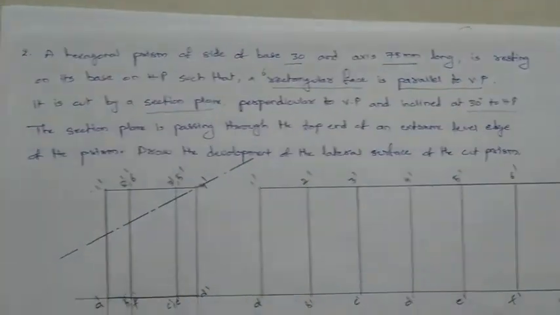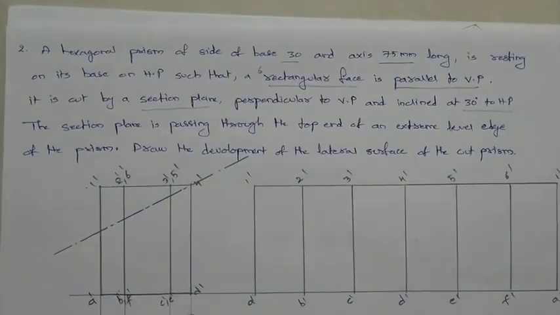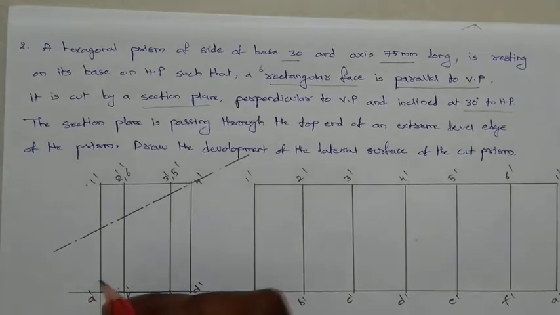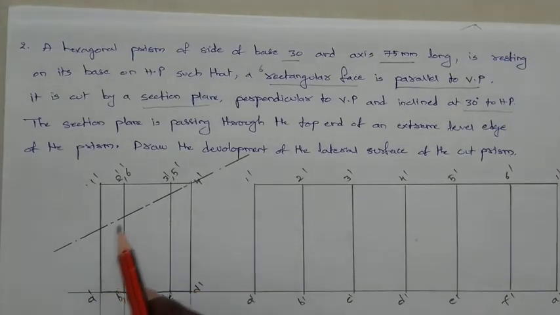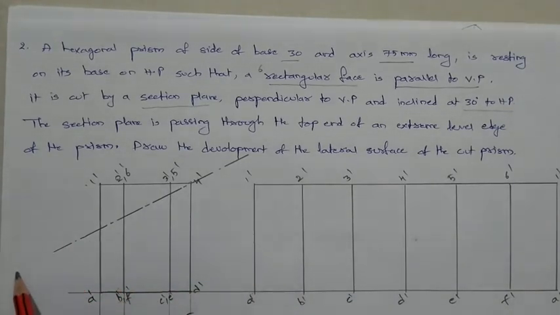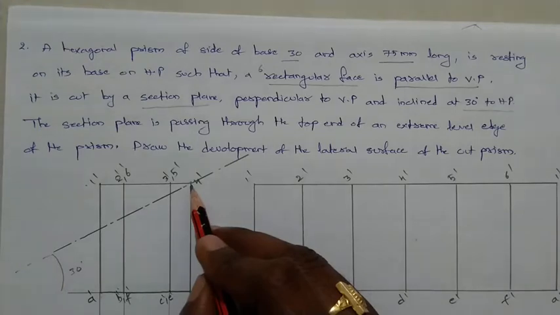So we call it as section plane, and here this section plane is passing through like this, and this angle is 30 degrees. Okay, passing through one of the extreme level edge.